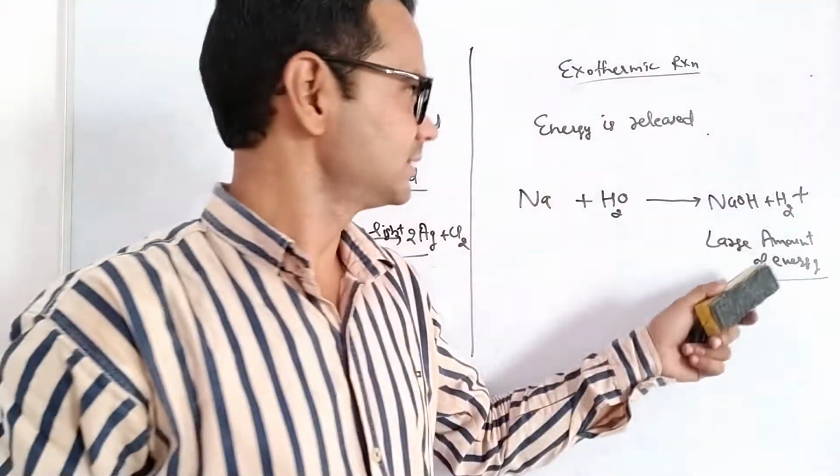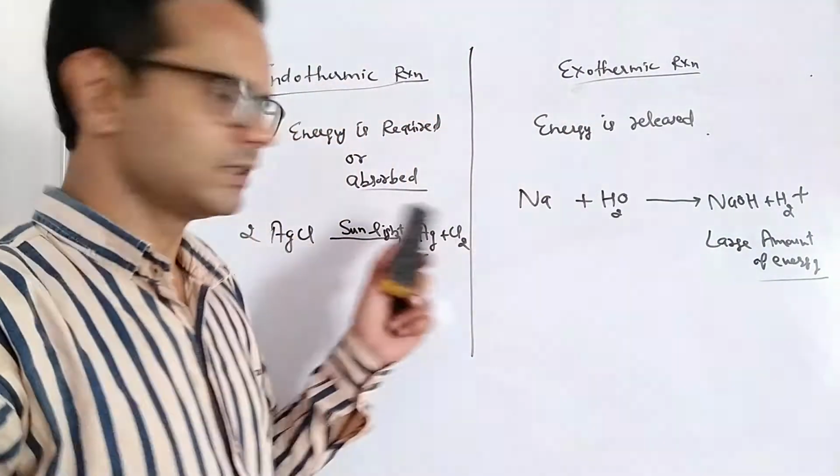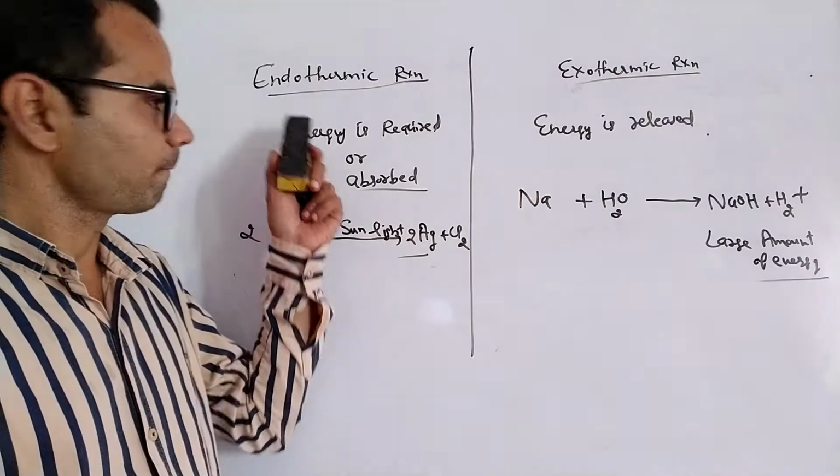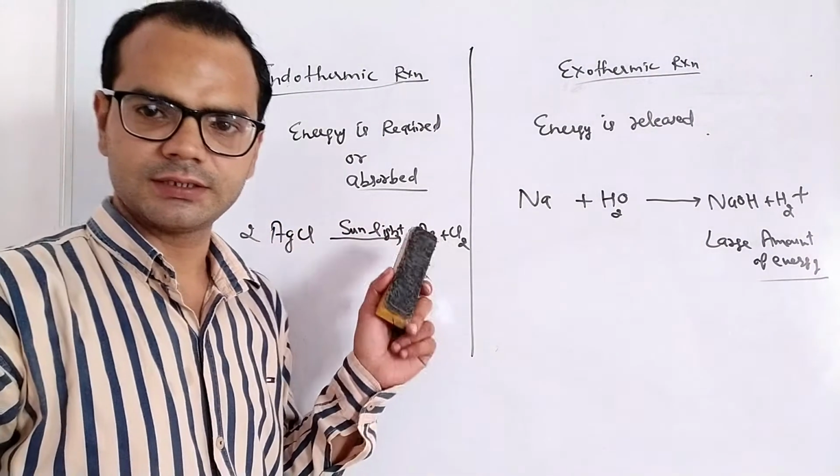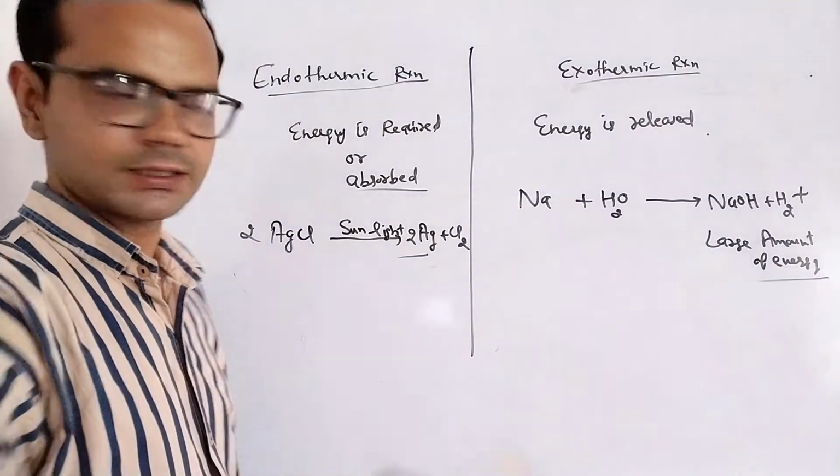So if energy is released, then it is an exothermic reaction, and if energy is required, then it is an endothermic reaction. Right. Next, the last type is redox reaction.